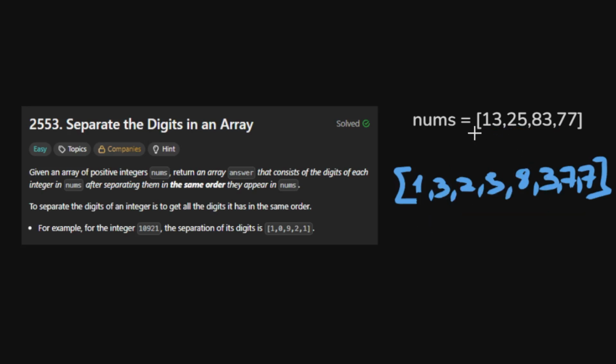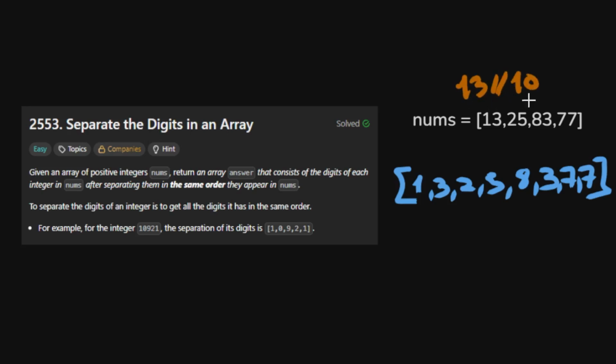There are basically two ways to solve this. One is we can transform every integer into a string, and then split the string to get every digit and add each digit in integer format to the final result. If we want to avoid using strings, we can take every integer and divide them by 10.